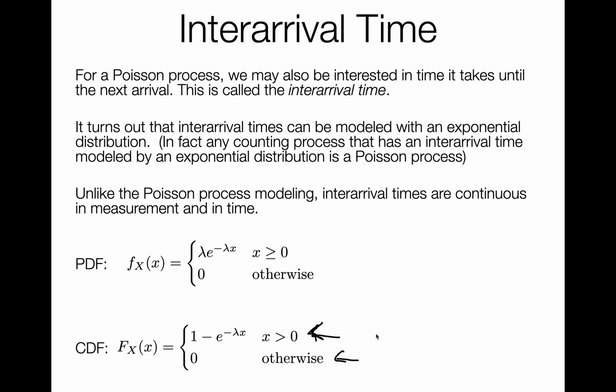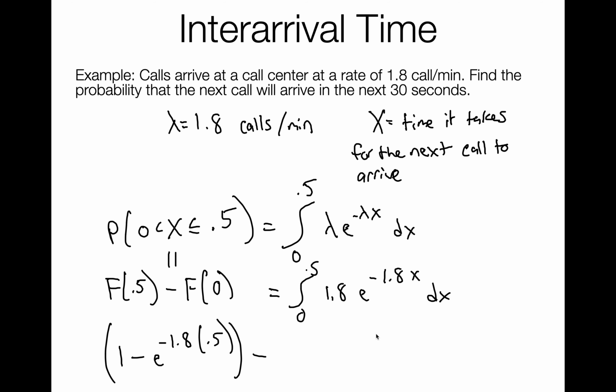So for our example, the second part, F of 0, is 0. All we need to do is find 1 minus e to the negative 1.8 times 0.5.